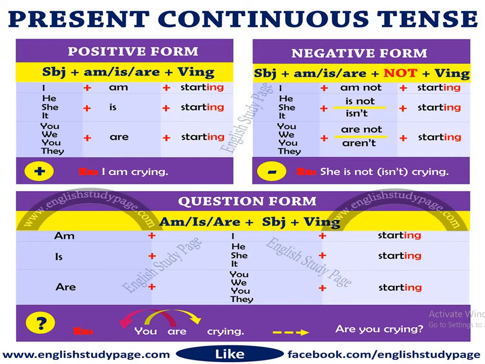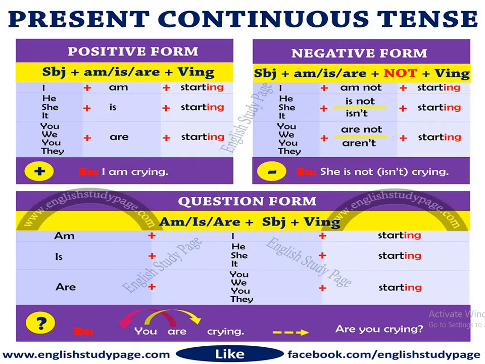Then in the negative sentences, subject, the helping verb am, plus not plus verb ing. And then in the question form, first we use the helping verb, that is am, then the subject, then the verb ing form.